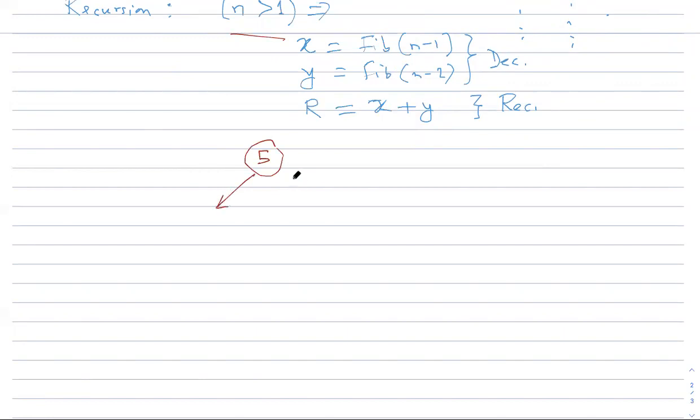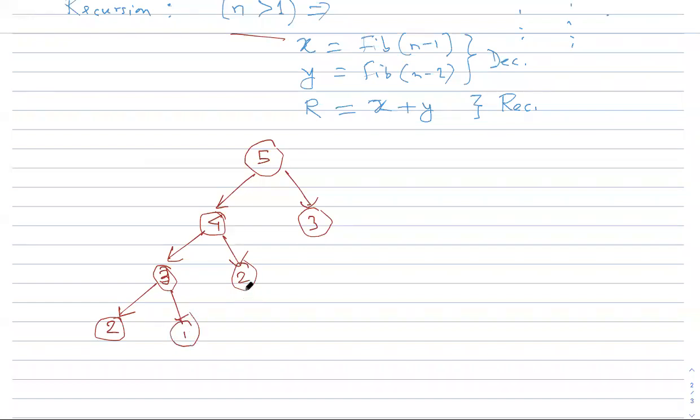So therefore it gets broken into 4 and 3. You're calling on Fibonacci of 4 and 3. 4 is still greater than 1. 4 gets broken down into 3 and 2. 3 is greater than 1, gets broken down into 2 and 1. 2 is greater than 1, broken down into 1 and 0.